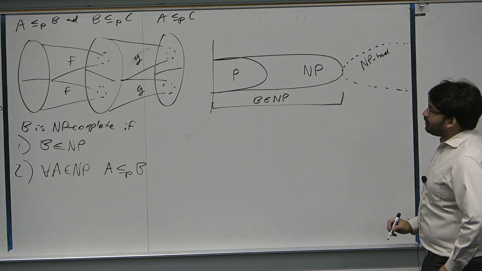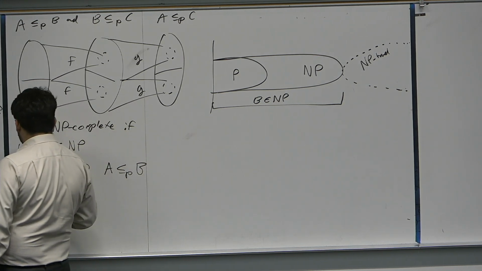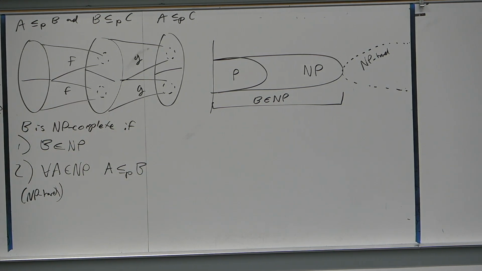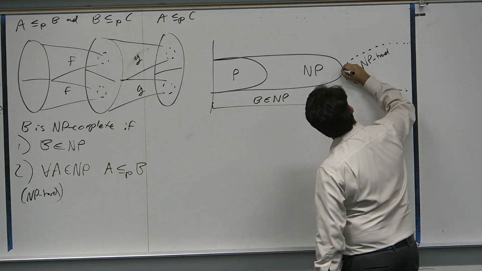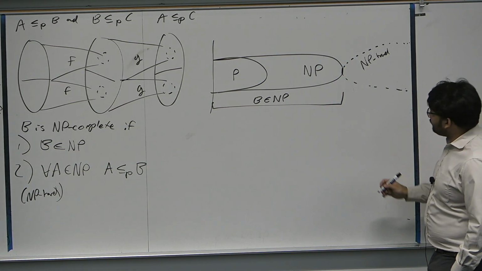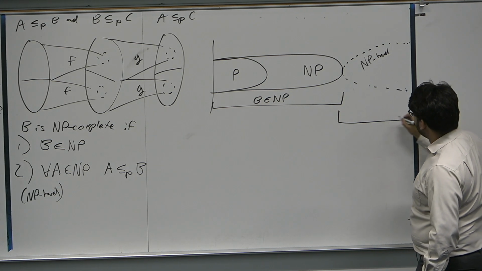And a problem is NP-complete if it's in NP and NP-hard. The second property is just called NP-hard. The problem is NP-hard if it's harder than NP, in the sense that there's a reduction from everything in NP to it, right? But you can overlap with NP just a tiny bit here, right? That is where NP-complete problems go. If a problem is NP-hard, it's over here somewhere.